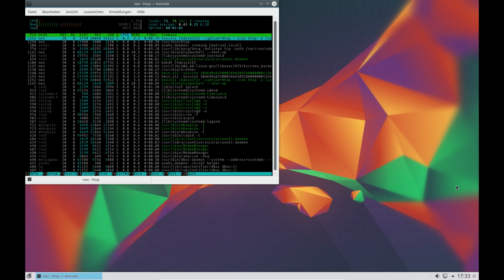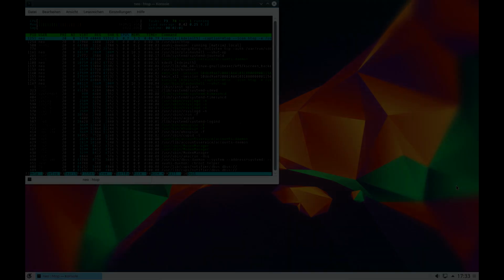Now you get a brand new, full-blown Plasma 5 desktop, and the whole distribution needs only 383 megs. This is less than any GTK3 distribution needs. KDE Plasma is using the Qt5 toolkit. I don't know what the KDE guys have done in the past years, but I know they're doing it damn right.